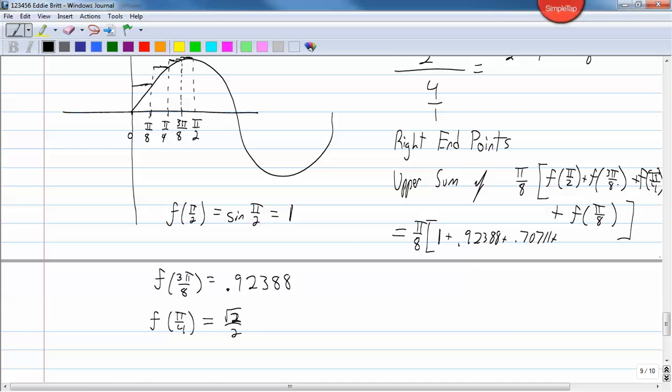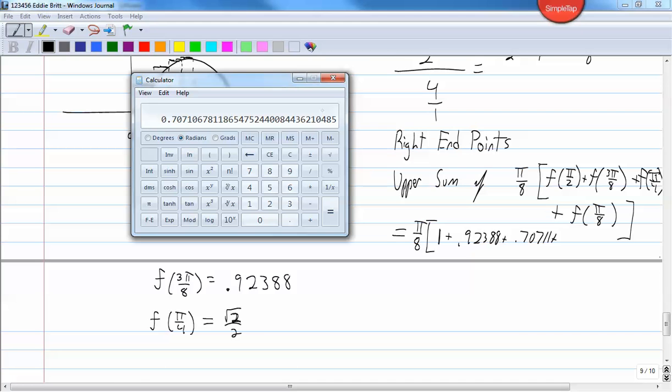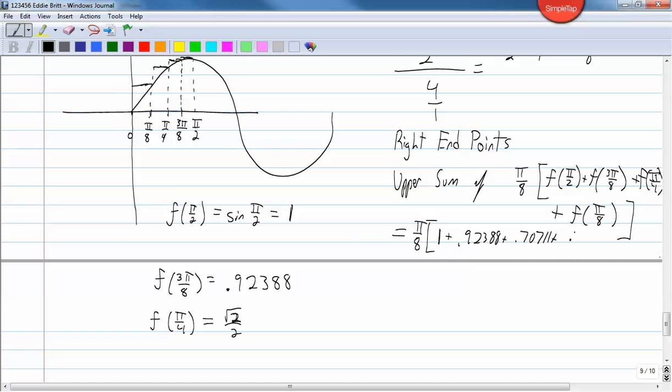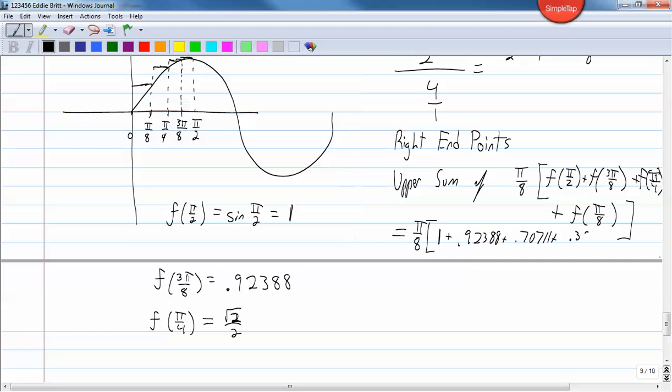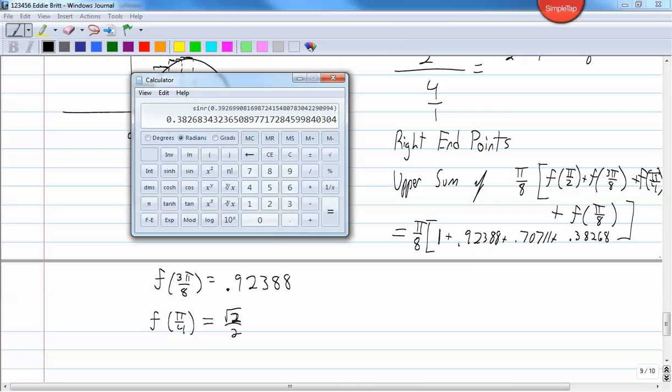now the sine of pi over 8. So pi divided by 8, take the sine of that, 0.38268. Double check that, 0.38268. Alright, so those are all my heights.